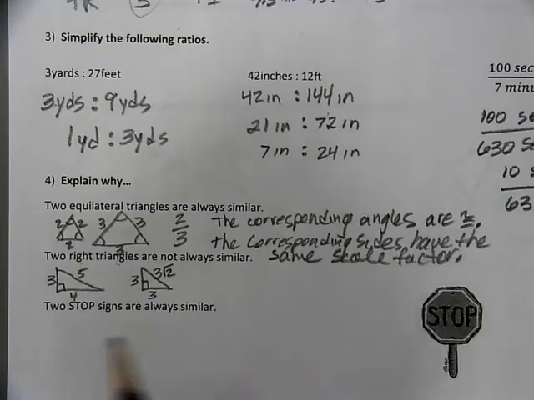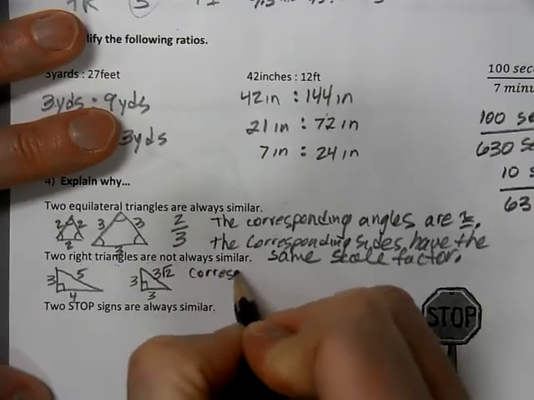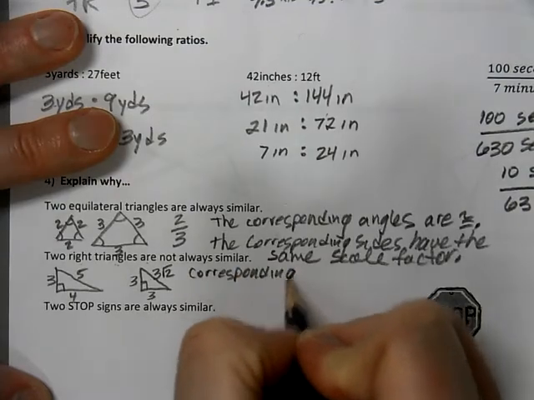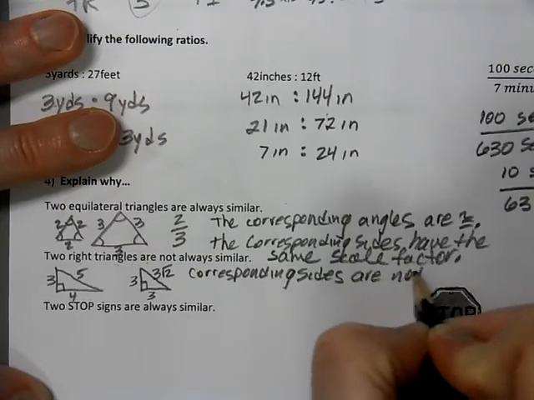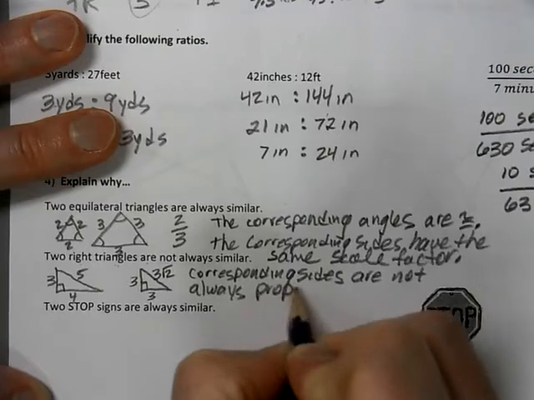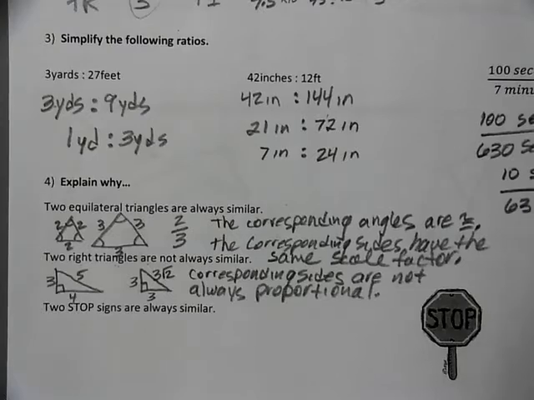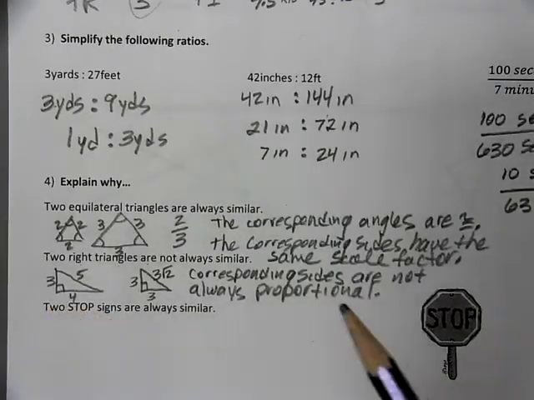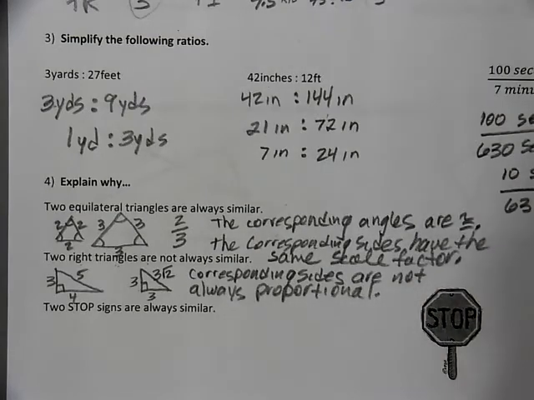Well, the corresponding sides are not always proportional. And also the corresponding angles besides the 90, I guess you could say the acute corresponding angles, aren't required to be the same.